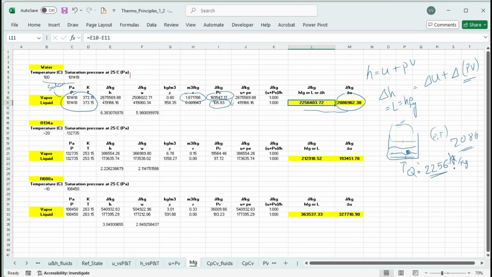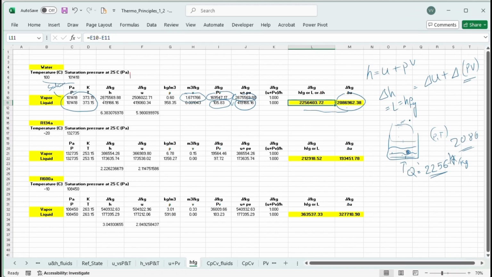So how do we account for that missing 200 or so kilojoules per kilogram? That was because you also spend energy in increasing the volume of the liquid from a small volume to a large volume. So that is the energy that you haven't accounted for here.